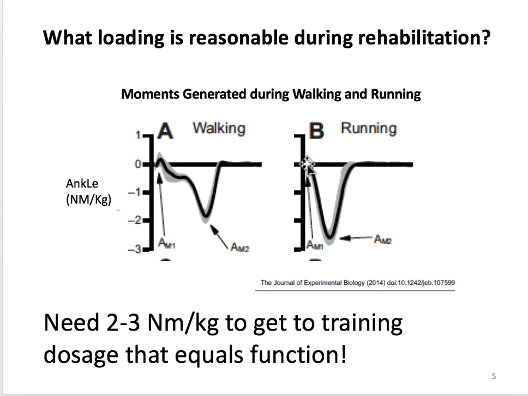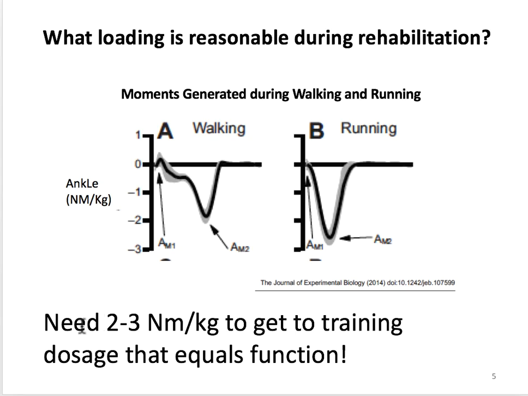We have the same graph here for running. We notice this is Newton meters per kilogram. The peak ankle plantar flexion moment is around 2 Newton meters per kilogram for walking and 3 Newton meters per kilogram for running, which corresponds to a plantar flexion force on a weight machine of nearly 400 pounds for a 77 kilogram, or 170 pound, man.